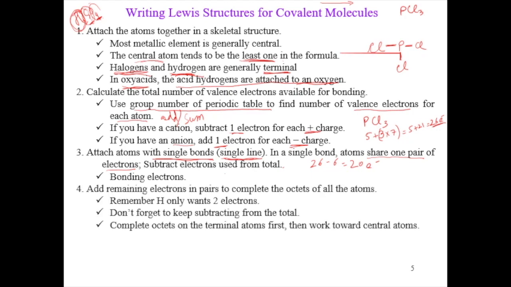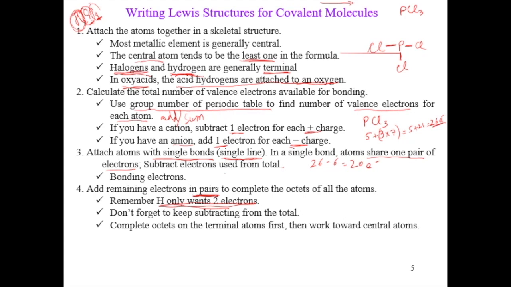Next, we move on to add the remaining electrons in pairs to complete the octet of all the atoms. Remember, hydrogen only wants a total of 2 electrons. So now we will start adding these 20 electrons to each of these atoms. How do you start adding these electrons? The first rule is they should be added in pairs.